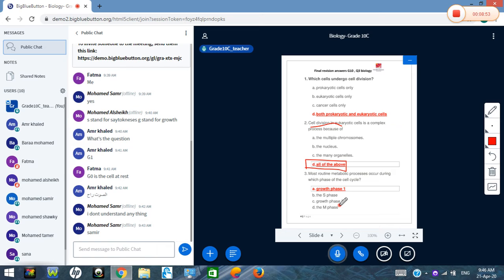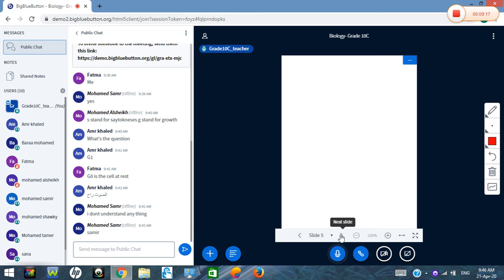Growth phase 2, G2, making of most of the organelles. The M phase, which means mitosis, the nucleus of the cell is divided. Okay, any question in this page? Next one.